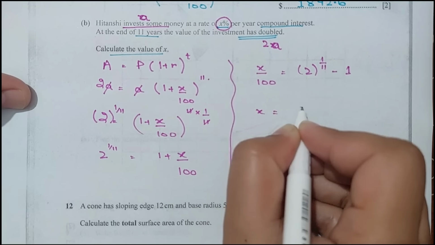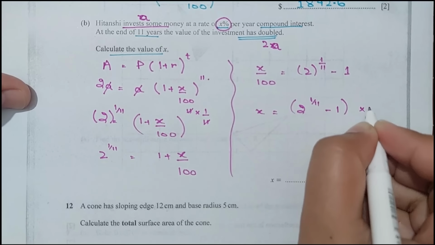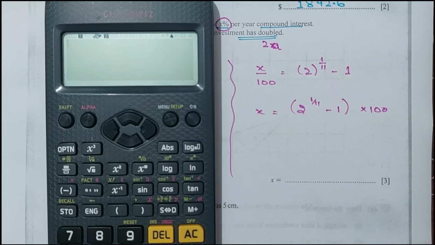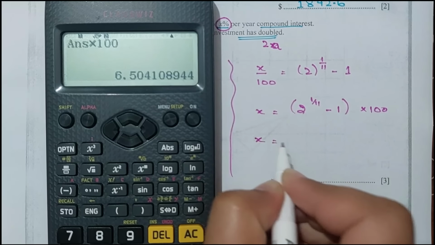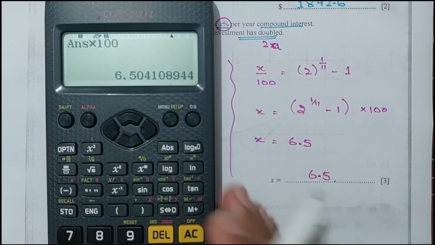And X should be equal to 2 to the power 1 over 11, subtract 1, and then you have to times it by 100 by cross multiplying. Let me simplify all of it. 2 to the power 1 over 11, subtract 1, times by 100. So X should be equal to 6.5%. X value 6.5.